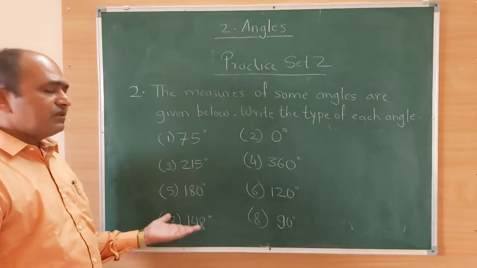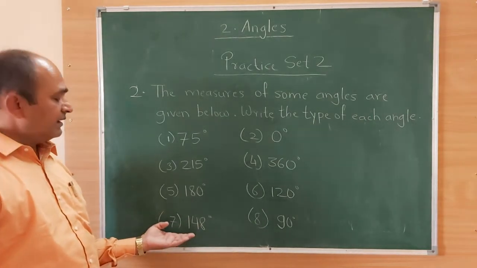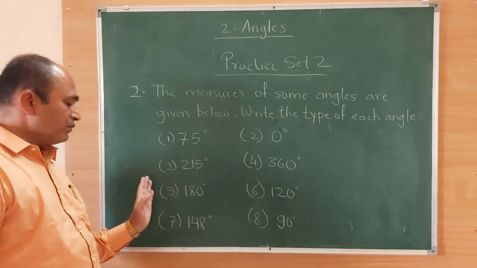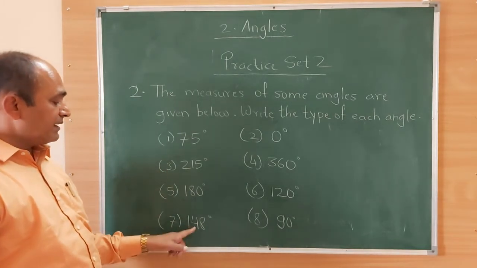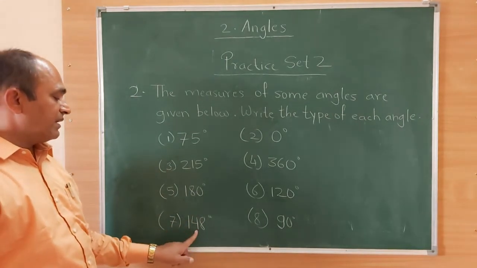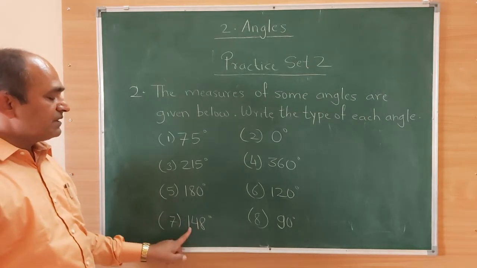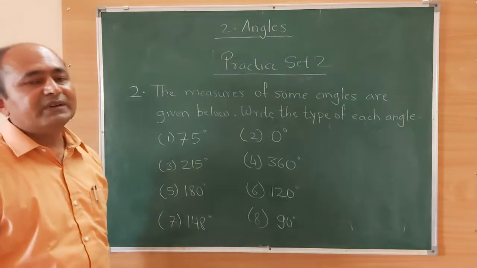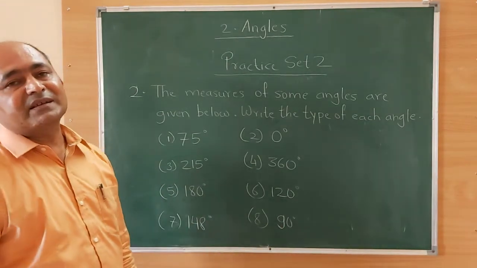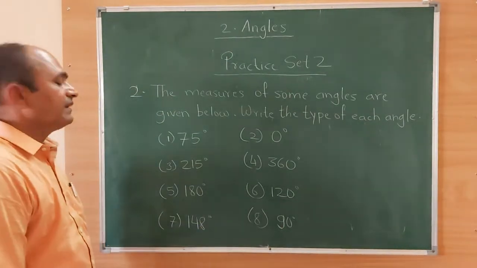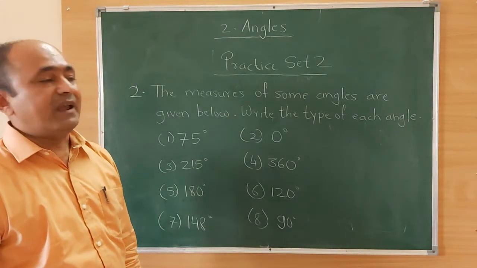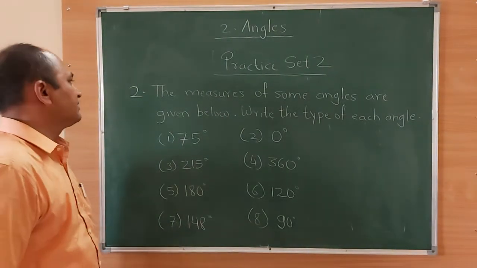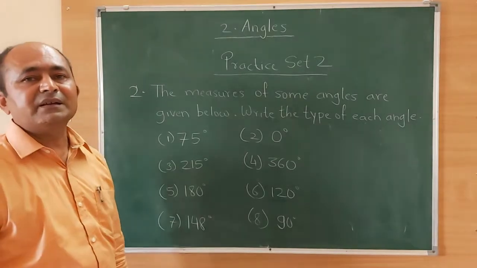Again, this is more than 90 degree and less than 180 degree. So this is also an obtuse angle. And eighth one, the angle which measures exactly 90 degree is a right angle. So this is the solution for the second question of practice set 2.